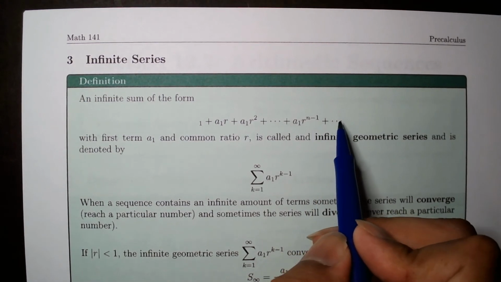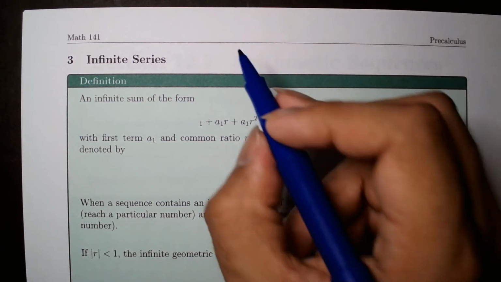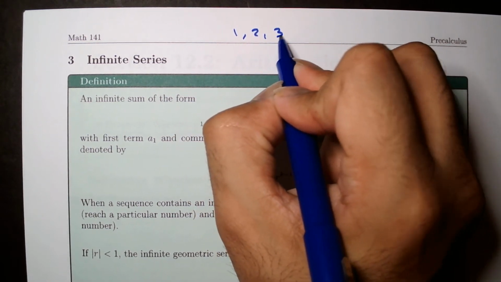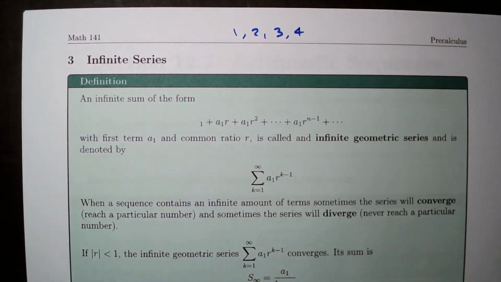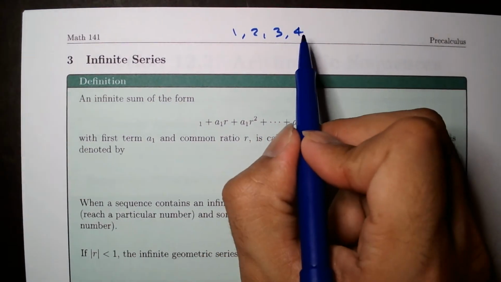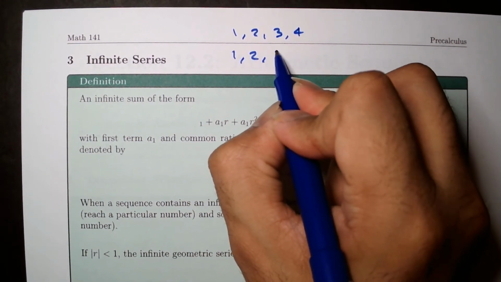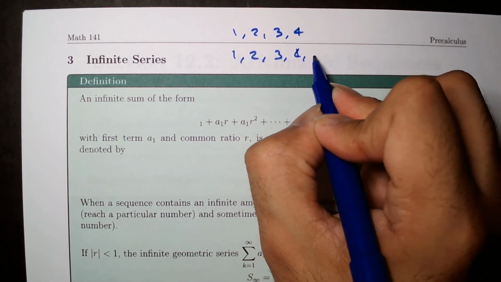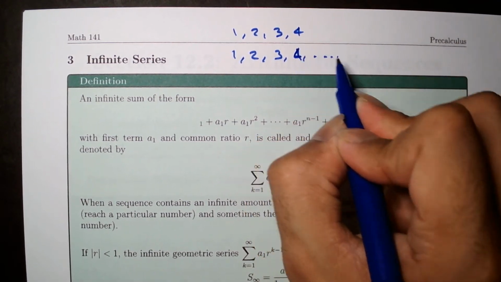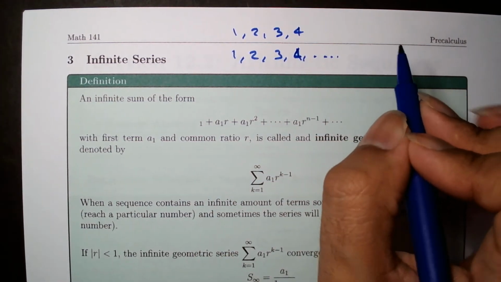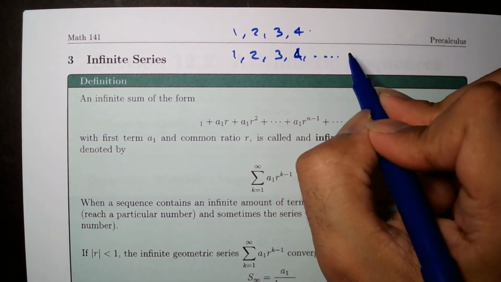You might remember 1, 2, 3, and 4. That's a finite sequence because it stops at 4. But if I said 1, 2, 3, 4, comma, etc., with this I'm saying that the sequence is going on forever. So this is finite, this is infinite.